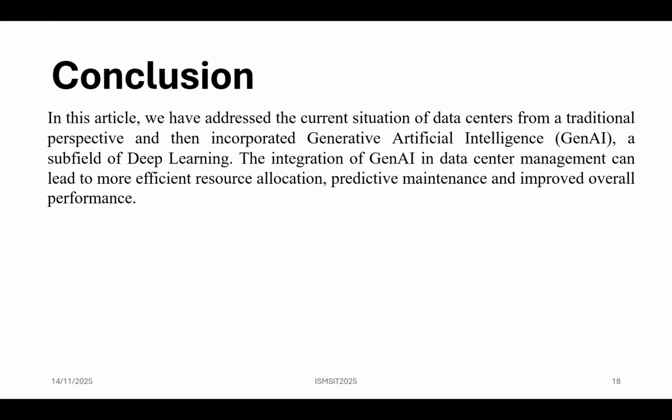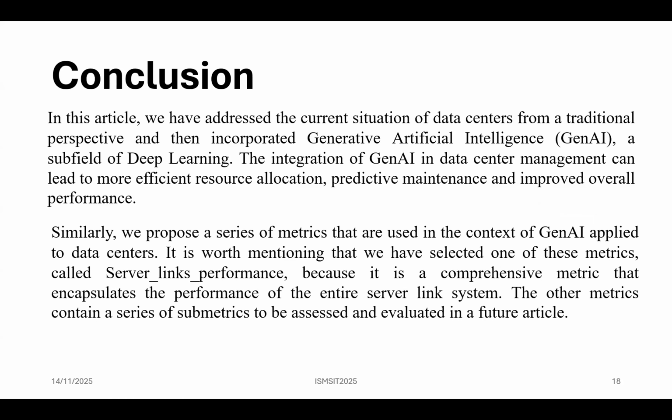In conclusion, we have addressed the current situation of the data center from a traditional perspective and incorporated generative artificial intelligence, a subfield of deep learning. The integration of GenAI in data center management can lead to more efficient resource allocation, predictive management, and improvements in overall performance.